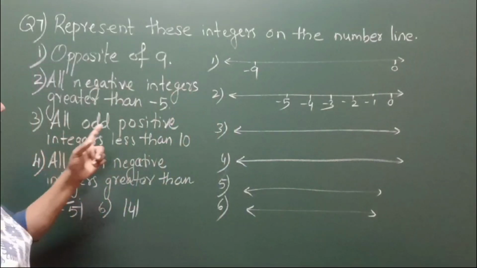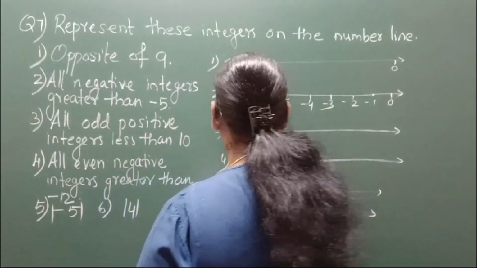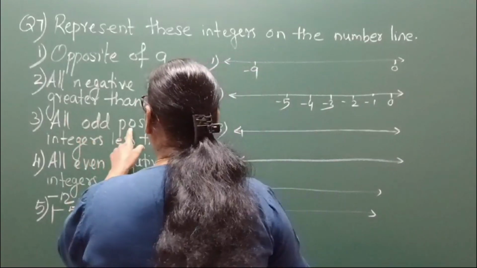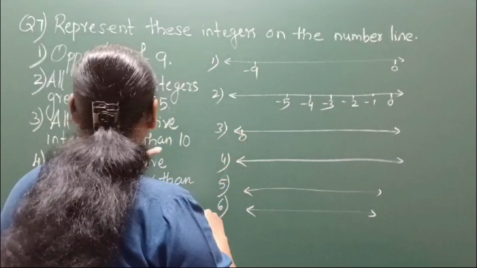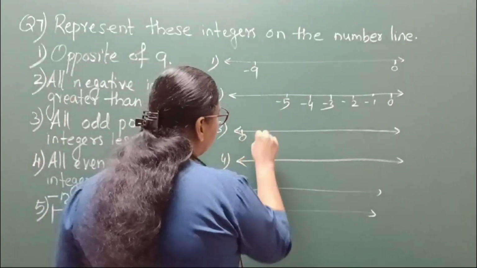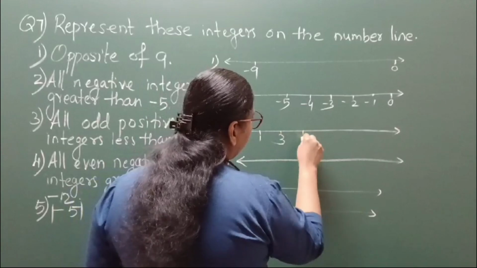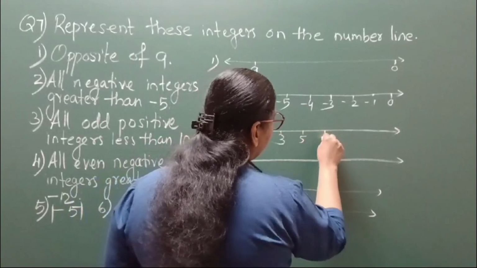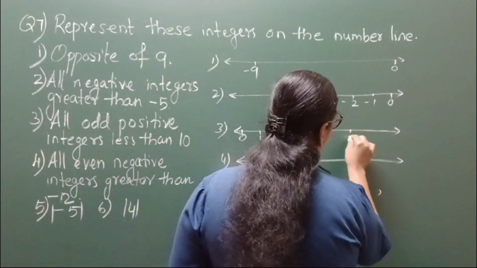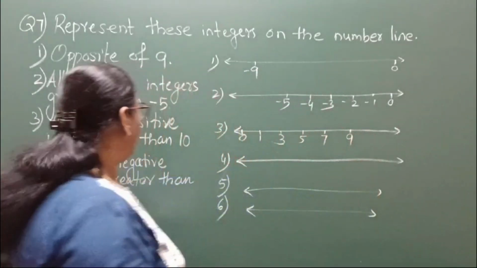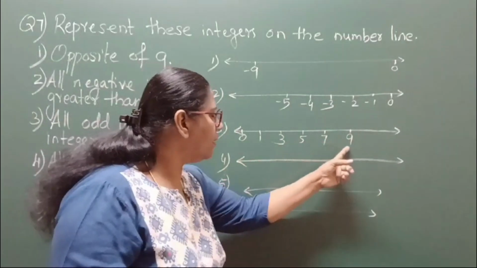Next, all odd positive integers less than 10. All odd positive integers, that is 1, then 3, then 5, 7, then 9. Less than 10. So 1, 3, 5, 7, 9.